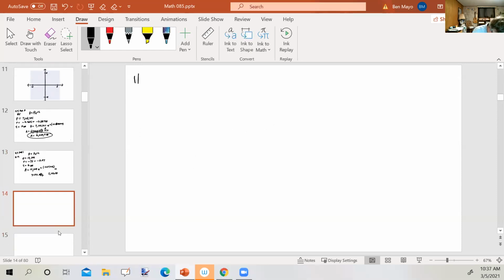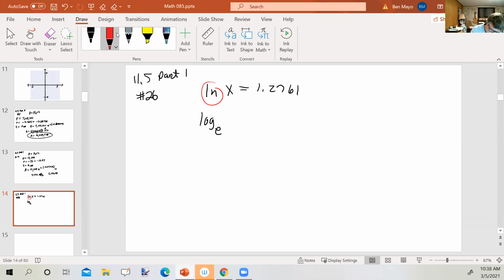And then we're going to look at number 26. So still 11.5, part 1, number 26. Solve the equation, the natural log of x equals 1.2761. Express your answer to 4 decimal places. Well, first of all, ln, natural log, is the same thing as log base e.